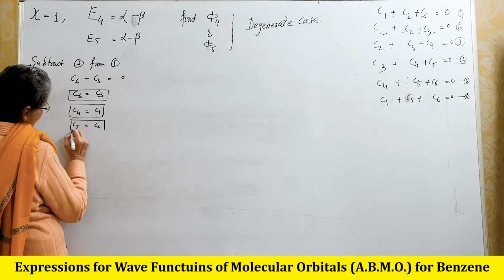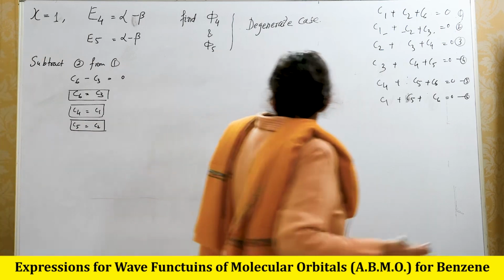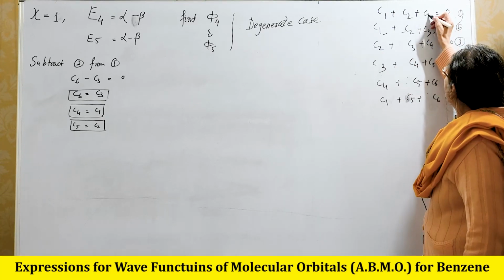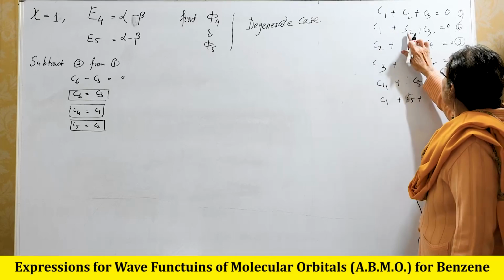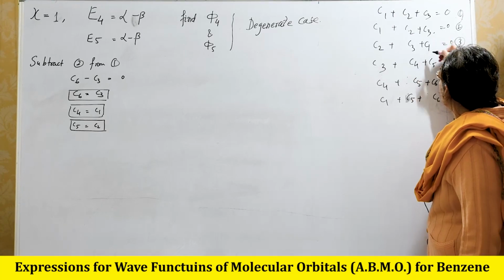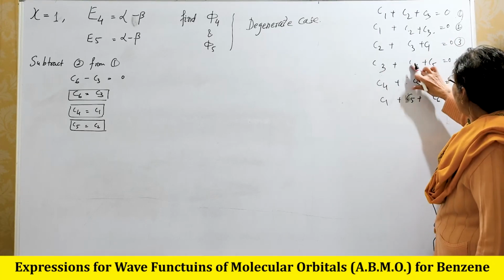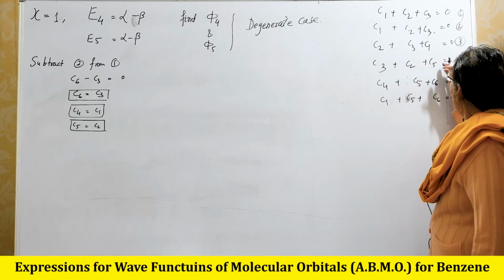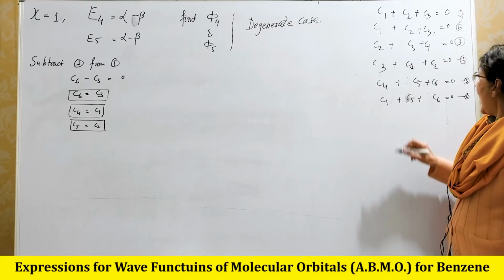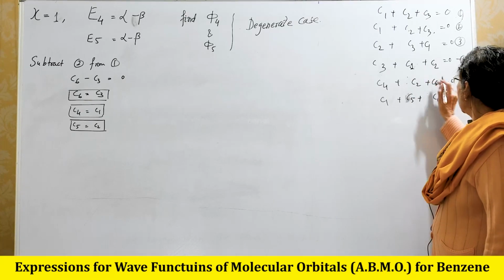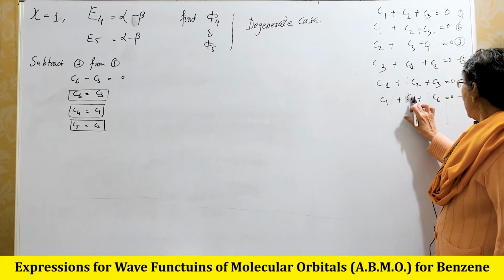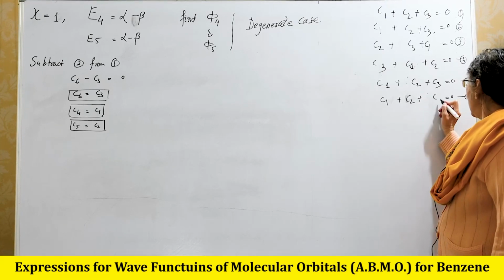These are the relationships we get. If we substitute these values, C1, C2, and C3 in place of C6, because C6 is equal to C3, then we replace C4 by C1, C5 by C2, and C6 by C3.